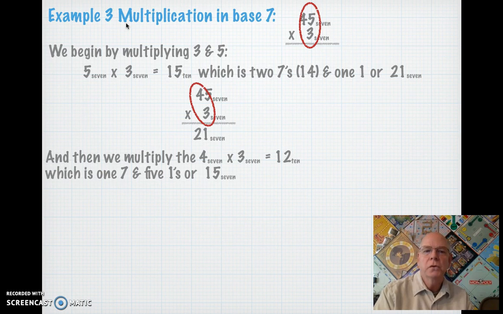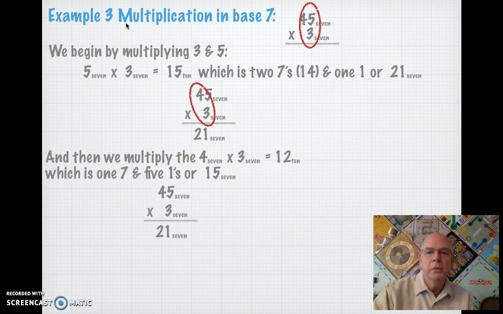And so to convert 12 in base 10 into base 7, we would get a 1 5. So that 12 that multiplies really becomes a 1 5 in base 7. Okay? And again, you have to remember how the algorithm in our normal number system works to do this multiplication.